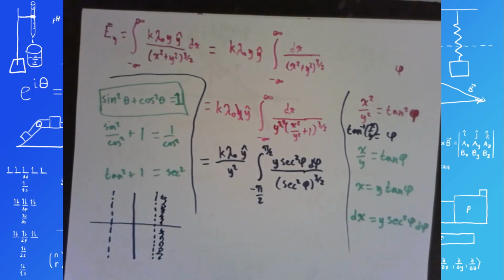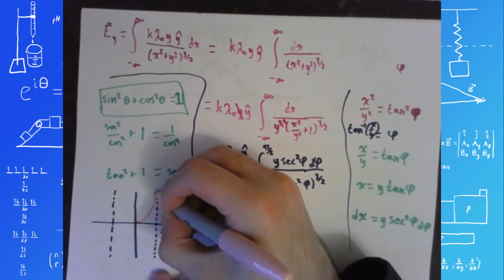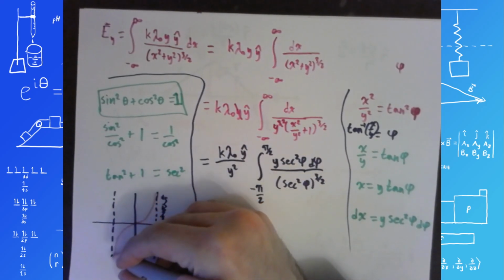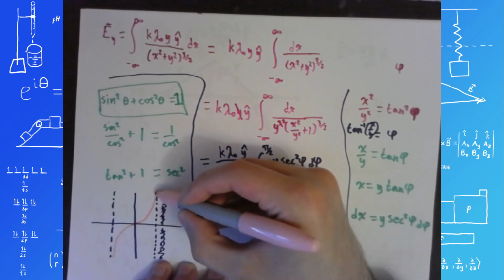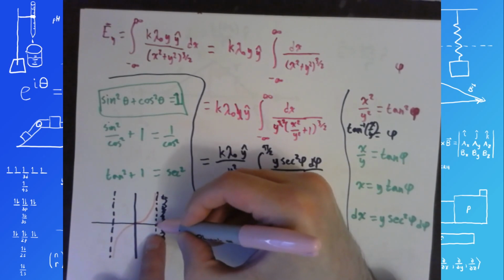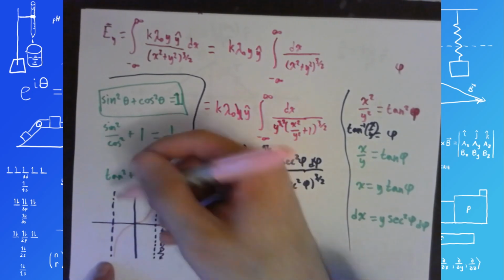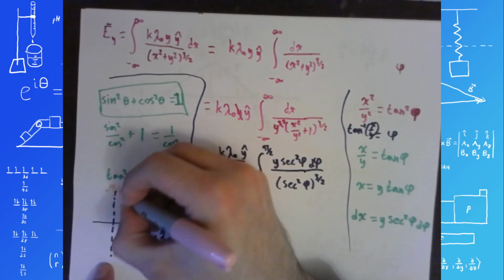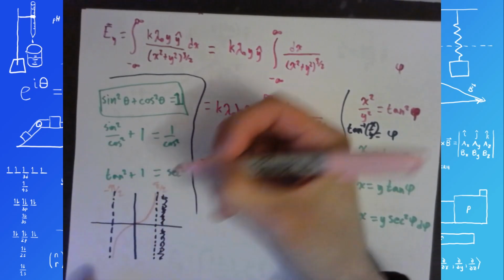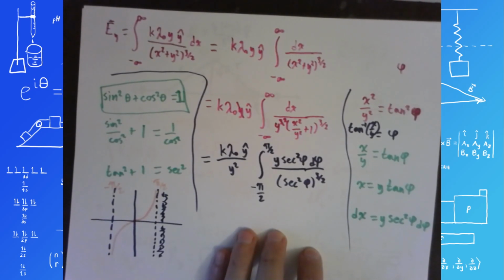So the graph of tan of theta, or I guess in this case tan of phi, would look something like this. So when tan of theta approaches infinity, that's at theta equals pi over 2. When tan of phi approaches negative infinity, that's when you're at negative pi over 2.